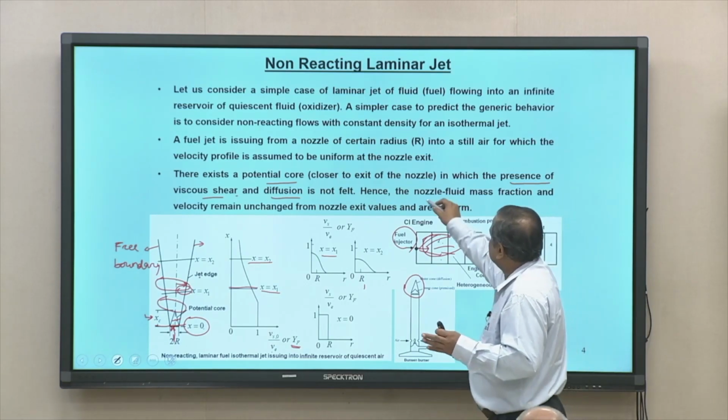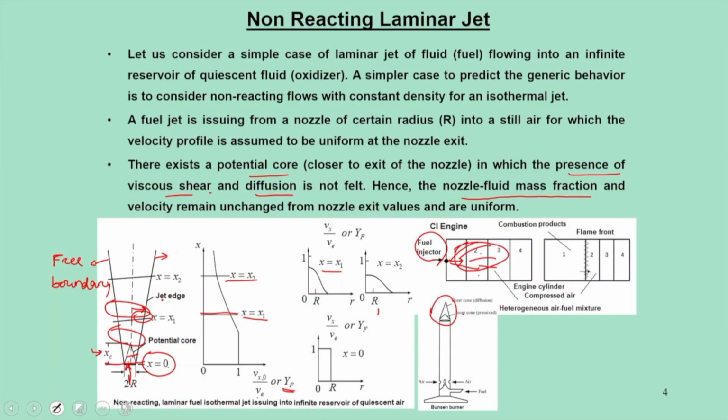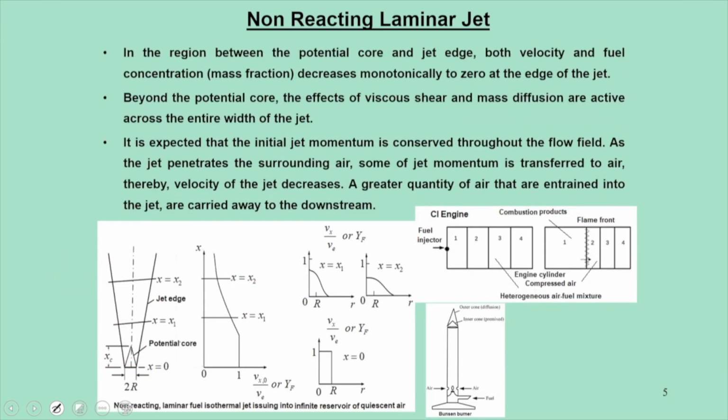and we are going to analyze it as a nozzle fluid interaction in terms of mass fraction and velocity fraction. Those analyses we are going to carry out: at any x or any r, how do you make your judgment, what should be the trend of the profile.